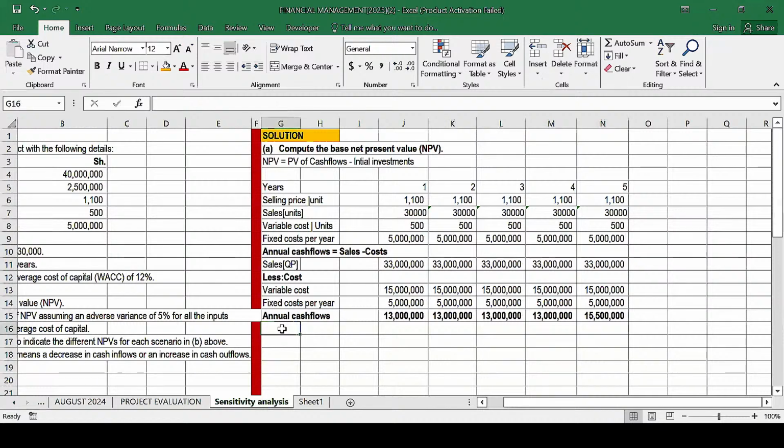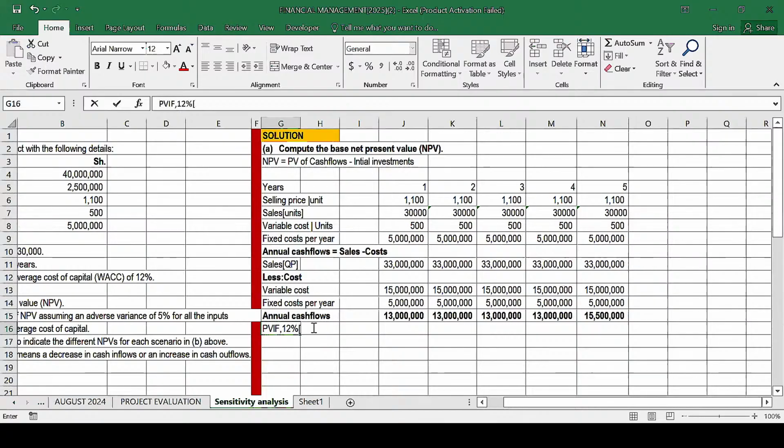So to discount these cash flows, I'll multiply this with the present value interest factor at the rate of 12%. You also have to recall the formula which we use here.